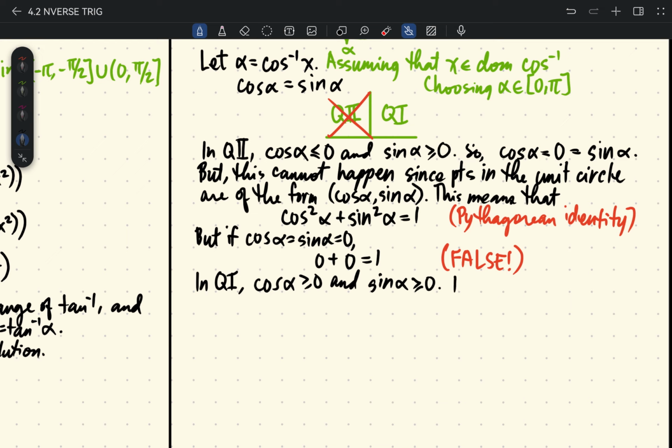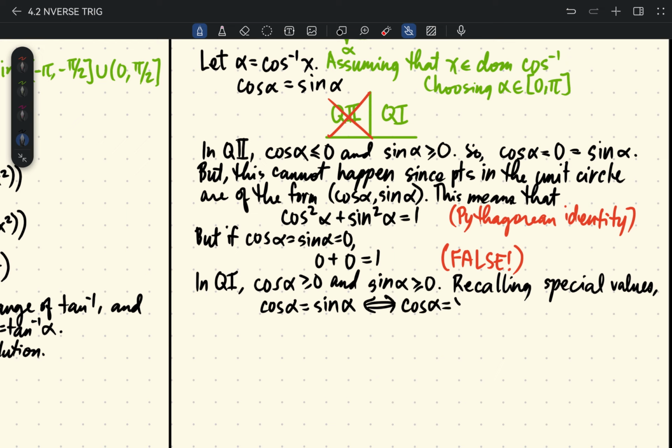So, recalling the special values, cosine alpha equals sine alpha only if cosine alpha equals square root of 2 over 2 equals sine alpha.